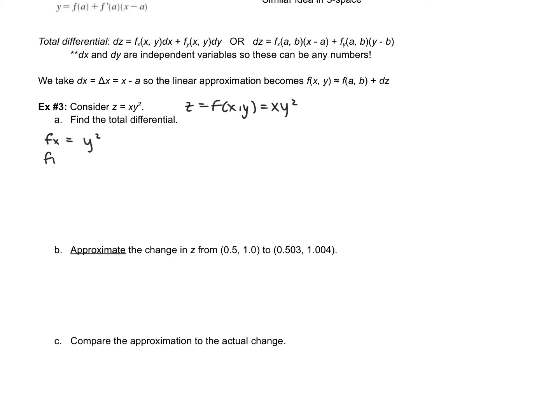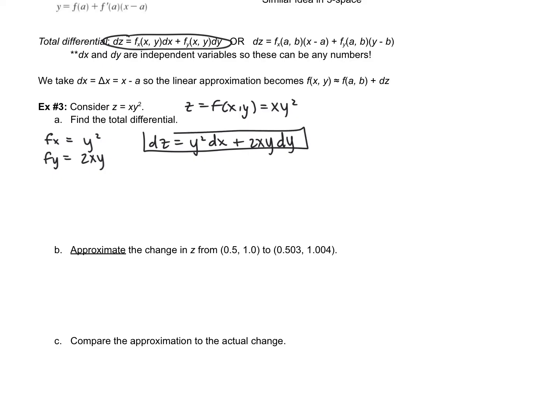And then we're going to need the first partial with respect to y, which is 2xy. So then, using the idea above, this one for our total differential, we get dz is equal to y squared dx, add 2xy dy. So that's our total differential.